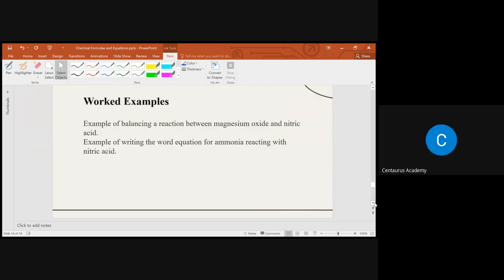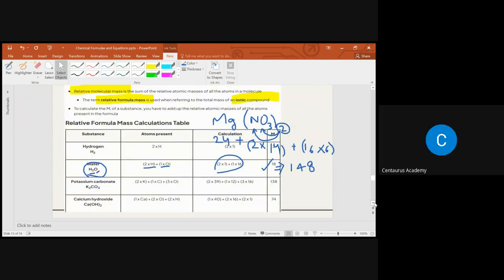Yes, Zoya. Does it have any unit? It does not have any unit. Relative atomic masses and relative molecular masses are unitless. Why? Because they are simply ratios. Relative atomic mass is basically the average weight of all the collective isotopes which exist on planet Earth for that particular element.